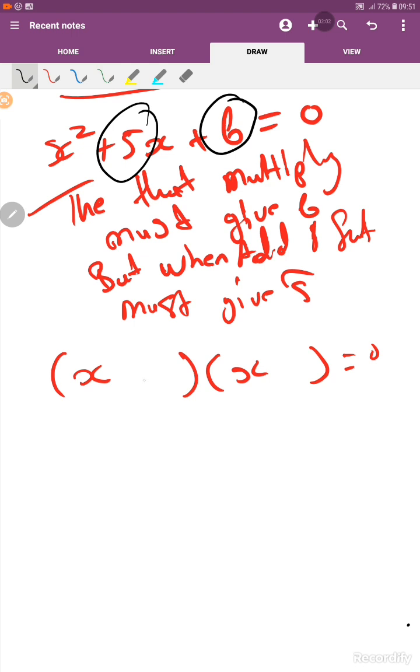We have 3 and 2, right? Because when you multiply 3 by 2 it gives you 6, but when you add this 2 it gives you 5, meaning that we have plus here and plus there.